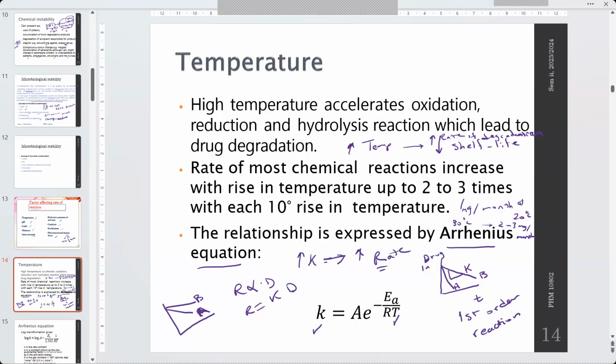Okay? So actually this is the exponent. The exponent here is the inverse ln when you do it on the calculator. So this equation means that ln K is equal to ln A minus this amount.